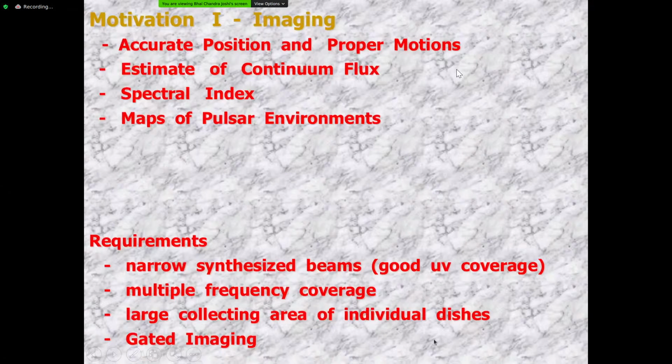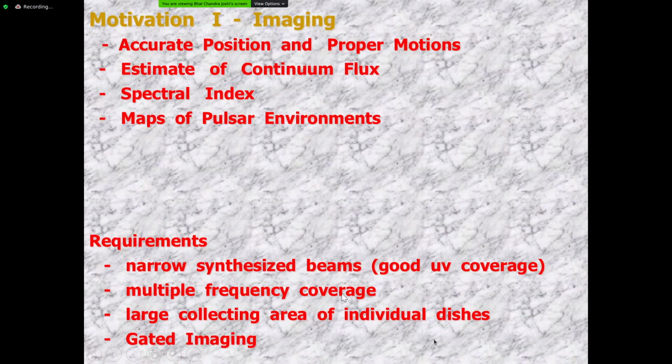You can find out the flux density of the pulsar. And if you find out the flux density at different frequencies, you can get the spectral index of the pulsar. All these are important quantities to measure if you want to understand why the pulsars are emitting the way they are emitting. And most important is that you can map the environment of the pulsar.